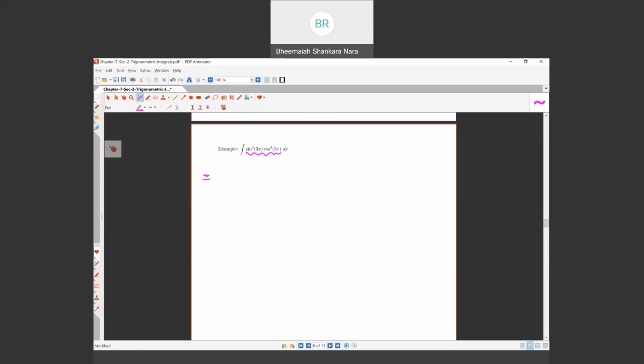So let me write this as sine to the 4 3x. Cosine cube, I'm going to break it as cosine square 3x times cosine 3x dx. Now you have cosine 3x dx, this is the term we separated.